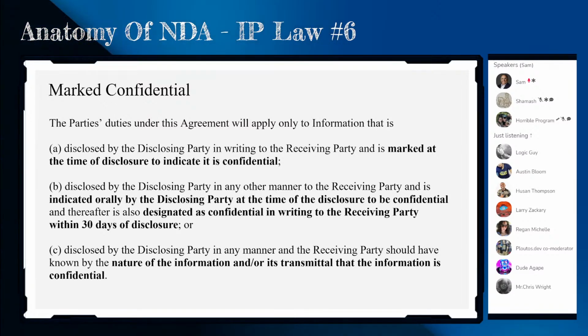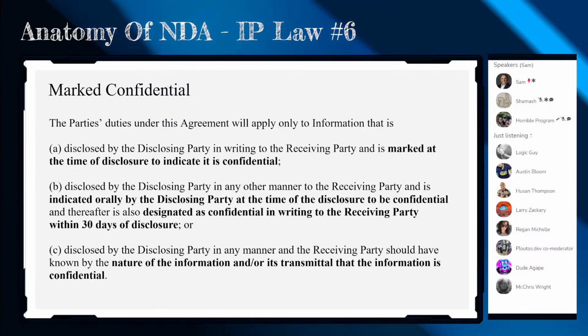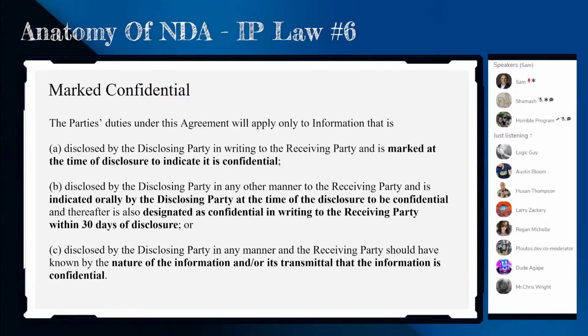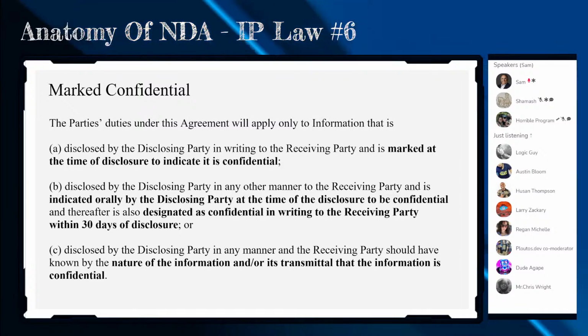Marked confidential, page 10. So what is this confidential information that we shouldn't disclose, right? So it's marked at the time of disclosure to indicate it is confidential. So any document that you exchange during these negotiations and they're marked confidential, then they should be treated as confidential.